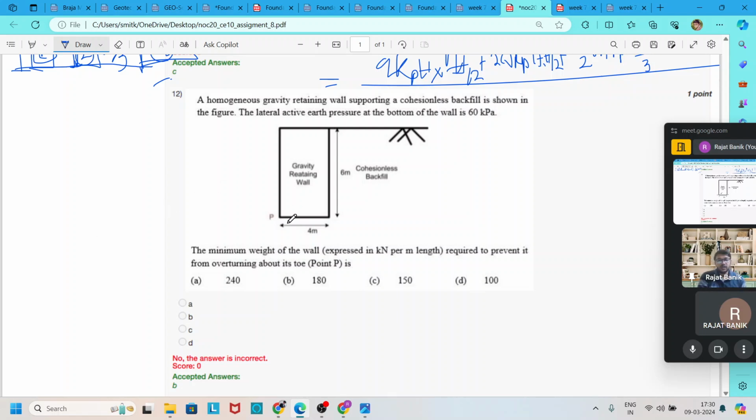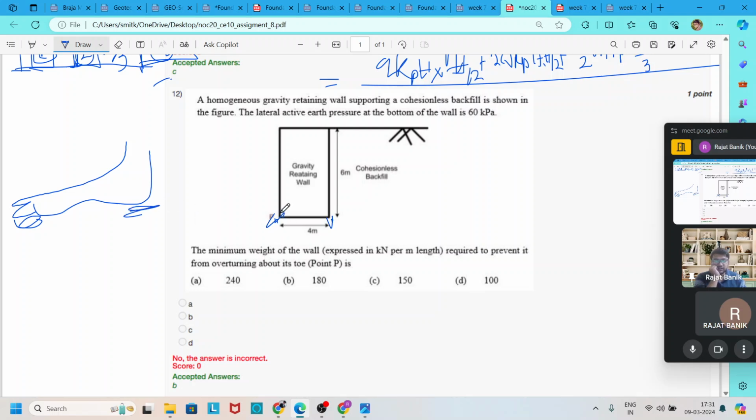So we have to know that this is the toe, this is the heel. You have to remember it. This is the toe. If you draw a foot like this, we know that this is the toe, this is the heel.